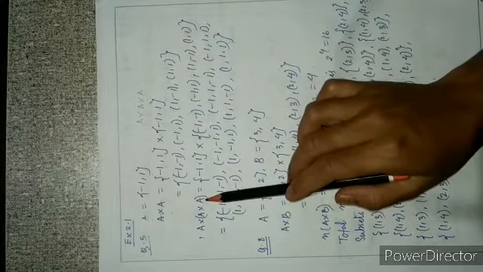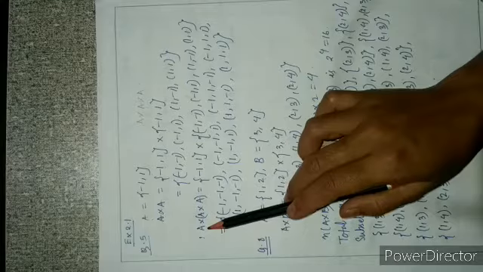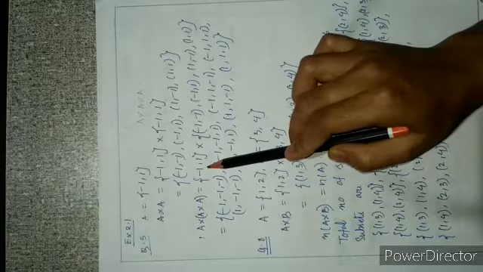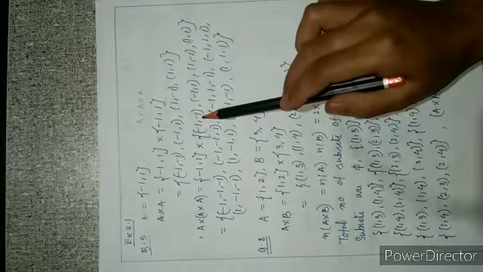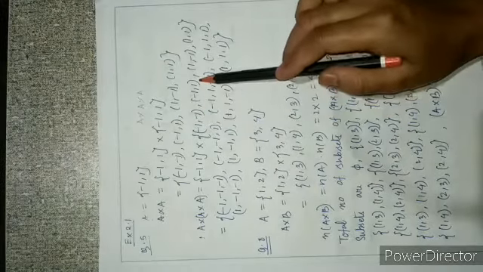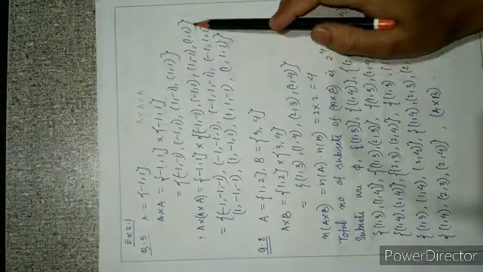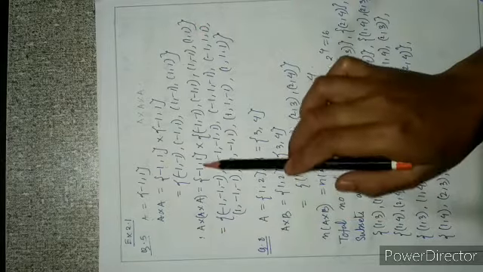Next, A cross A cross A. The elements of A are -1, 1. A cross A ordered pairs are (-1, -1), (-1, 1), (1, -1), (1, 1) with A = {-1, 1}.